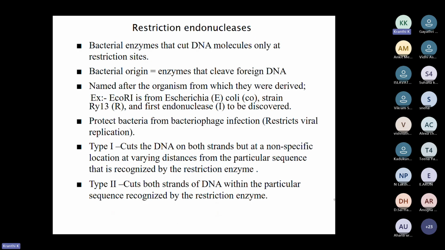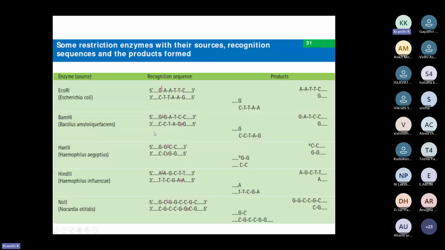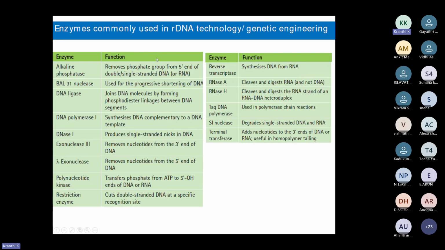Clear? Now, not only these restriction enzymes, we are talking about the exonuclease and endonuclease also, right? So we have different types of exonuclease, endonuclease based on the application. See, for example, alkaline phosphatase, it will remove the phosphate group. When you are doing the rDNA technology, it is just like a tailoring work. Okay, so whatever you need, you just cut it with the scissors. Scissors are nothing but the enzymes. Okay, so cut it in different locations, and you have to attach with ligase, or you have to excise one.